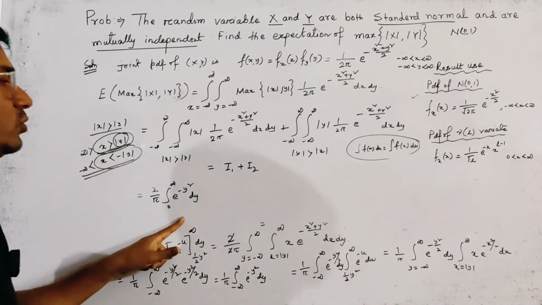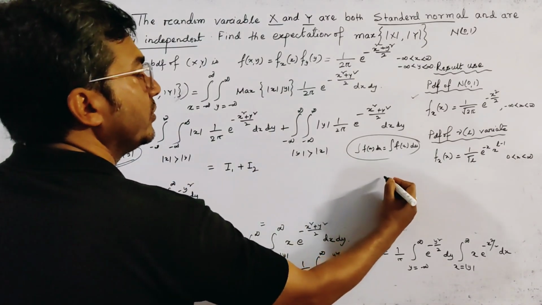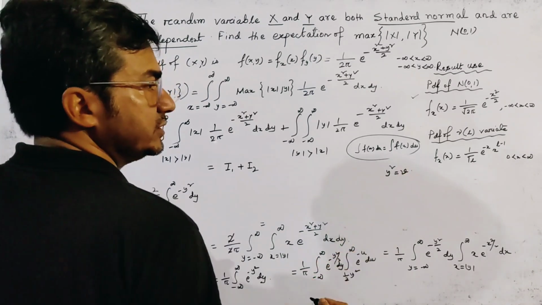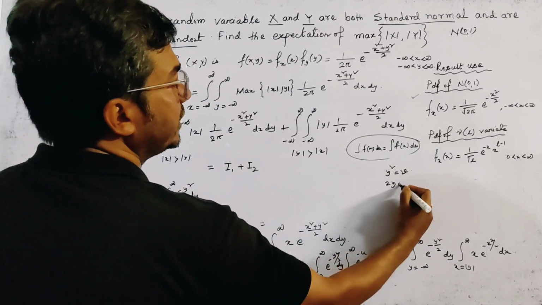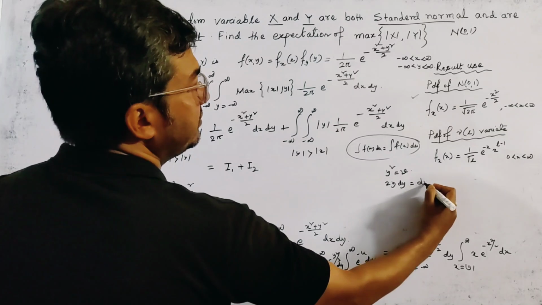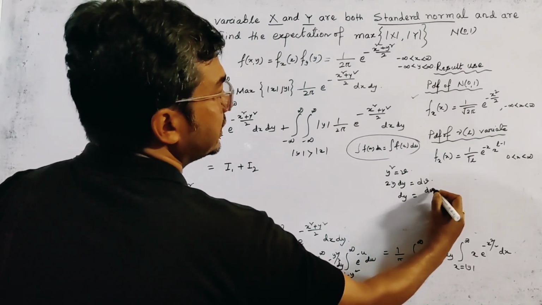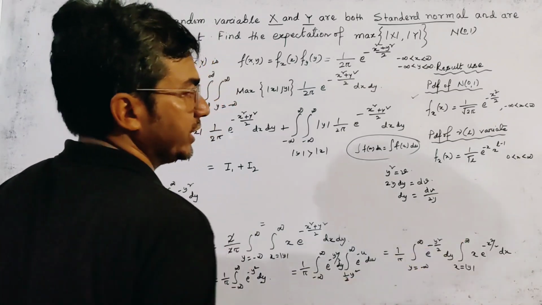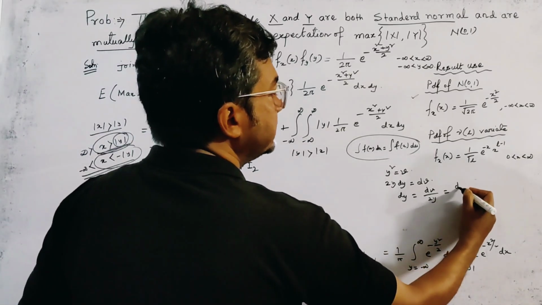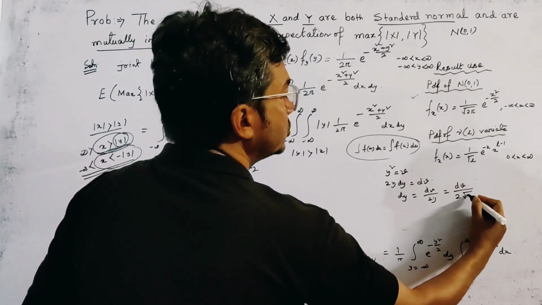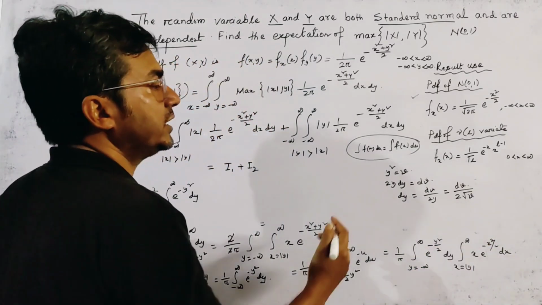Now we substitute y square equal to v, so 2y dy is dv, and dy is dv by 2y, which is dv by 2 root v.